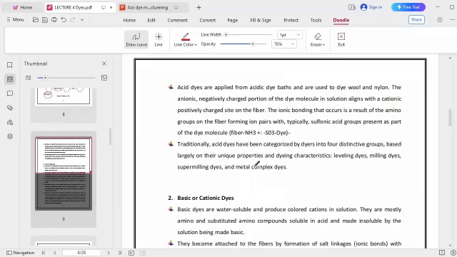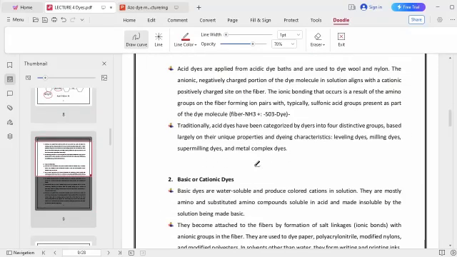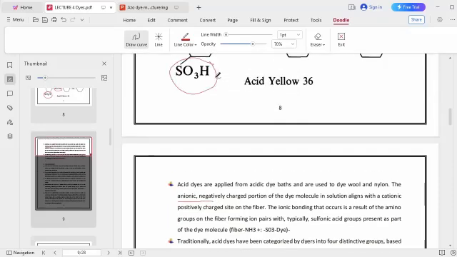Okay, and acid dyes are common in wool and nylon, and the anionic group, which is this acidic group, interacts with positive portions of the fiber.